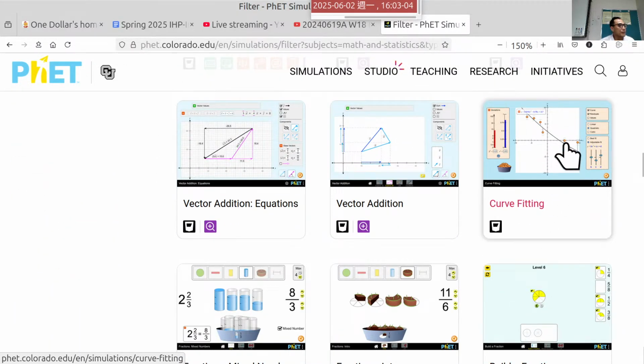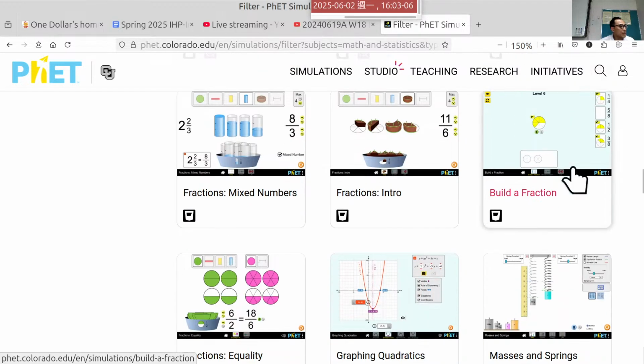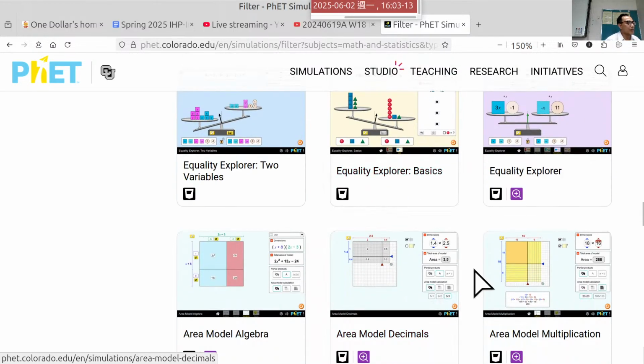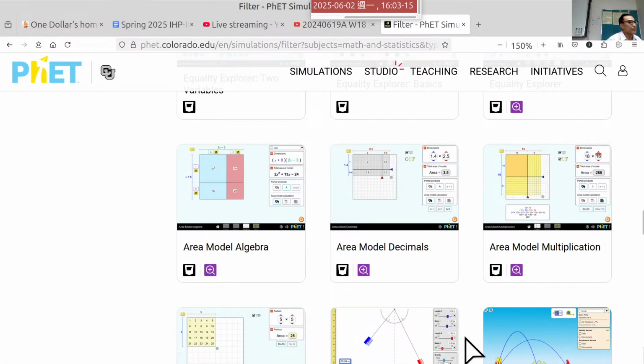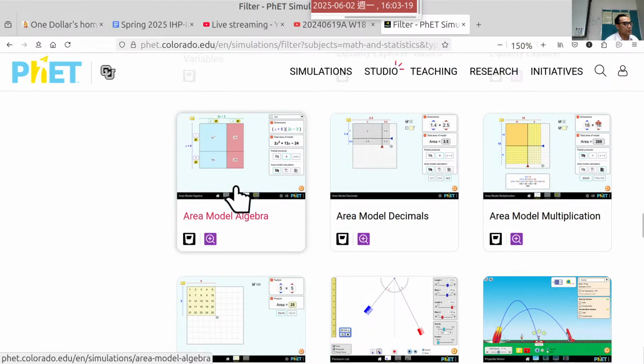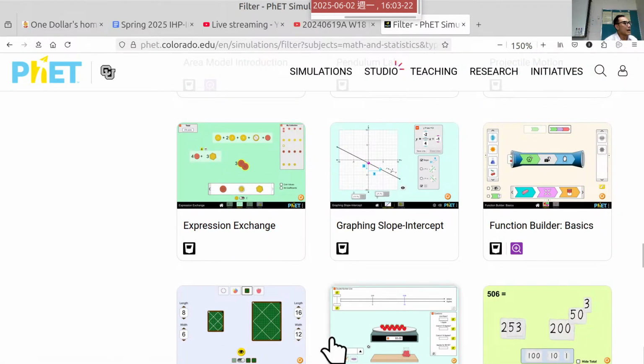There are fitting curve, graphing quadratics, and area model algebra. I would like to suggest you use this one.